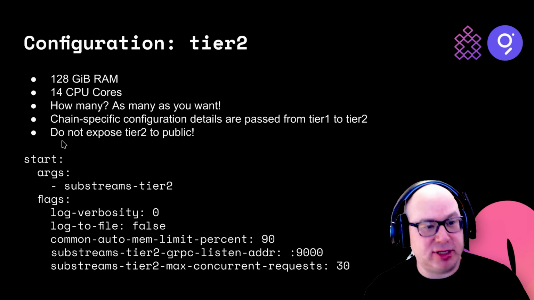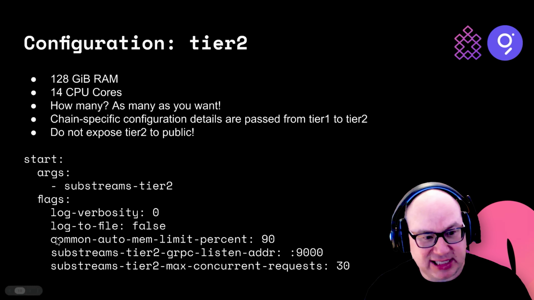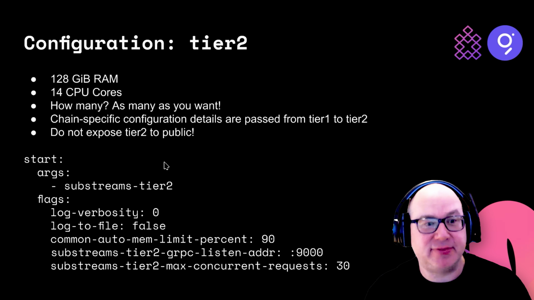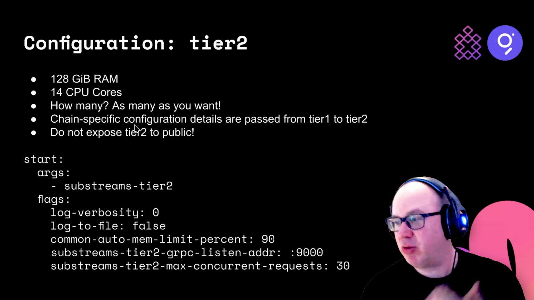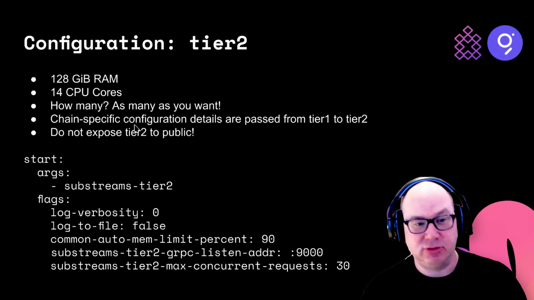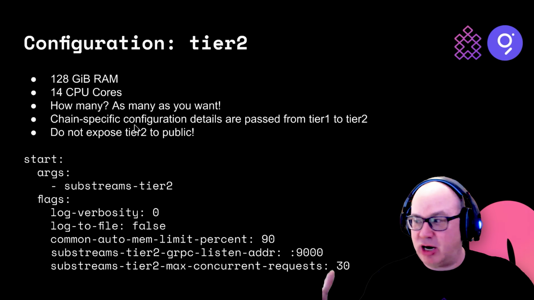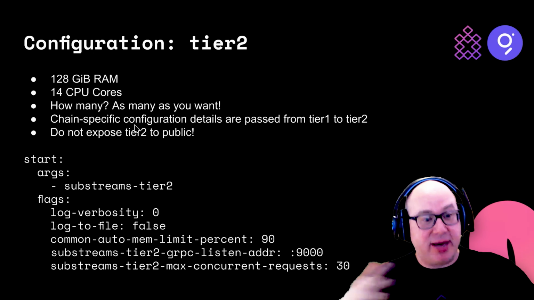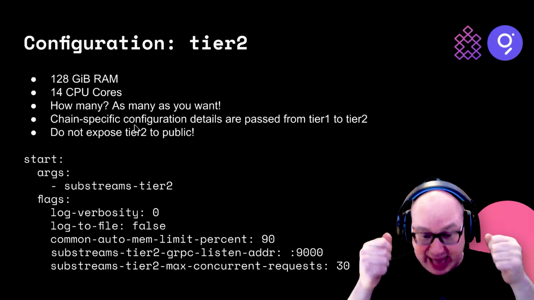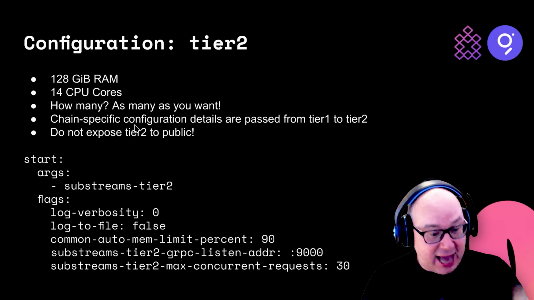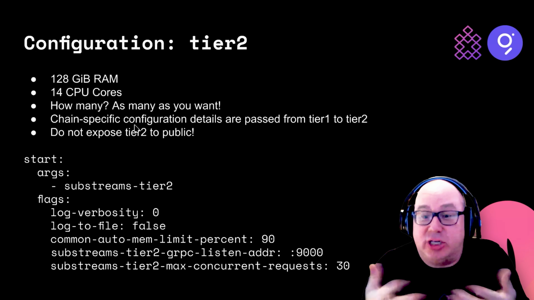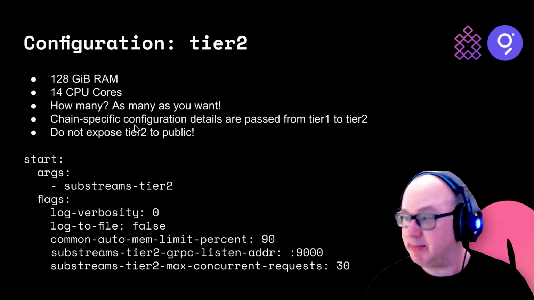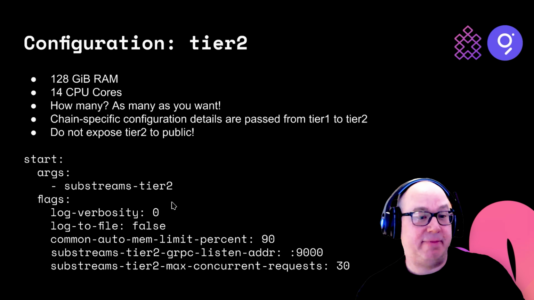You'll notice in tier 2 here, there are no S3 buckets or anything else specified, because tier 1 will pass the configuration for the specific chain to tier 2. Remember, the tier 2 nodes are blockchain agnostic. They can process a Solana load and an Ethereum load and a Polygon load all at the same time. They count each as one of the 30 requests in this example, so it's not a problem.